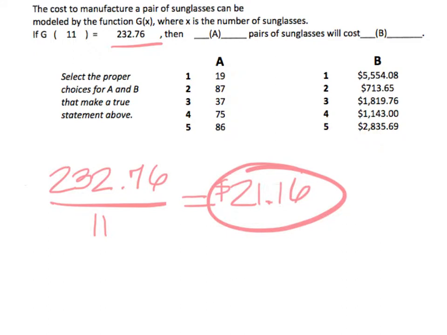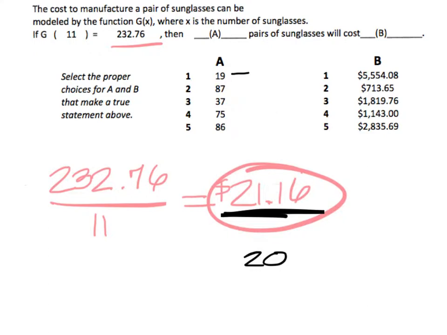So if each pair costs $21.16, you could think of this as approximately $20. And then come up here. 19 times 20 is what? We're multiplying by 2 and just putting a 0 at the end of it.